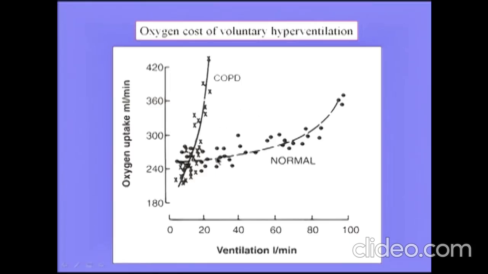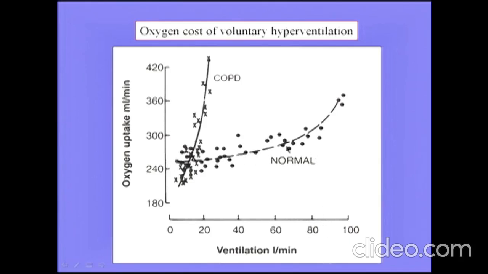These patients have a very high work of breathing. Now, of course, that's not surprising. They've got severe obstruction to the airways, and so it takes a lot of oxygen to the respiratory muscles for these patients to ventilate. And one way of demonstrating that is shown here. We can ask normal subjects to voluntarily hyperventilate. And if we do that, they increase their ventilation to, say, 80 liters a minute.